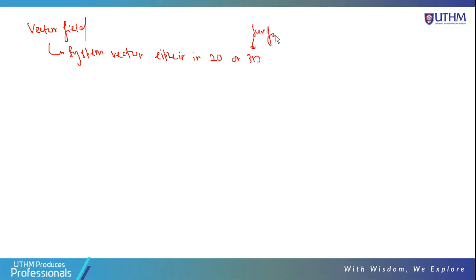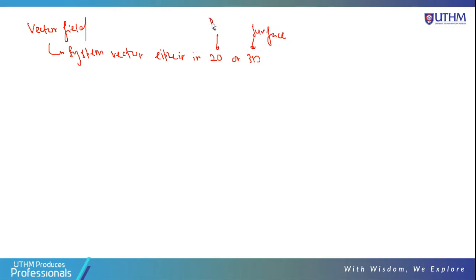So a vector field is a system of vectors, either in 2D or 3D. In terms of the surface, if 2D, it is in the plane.